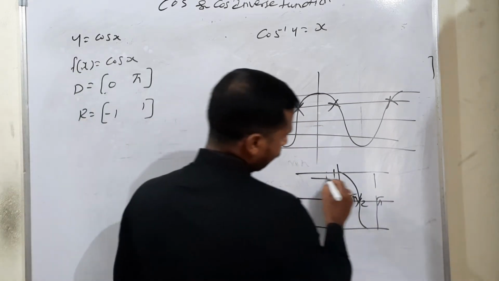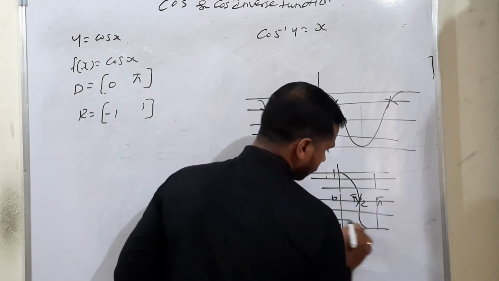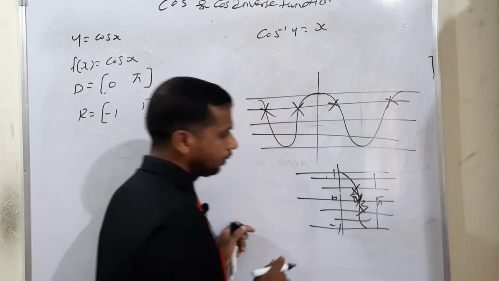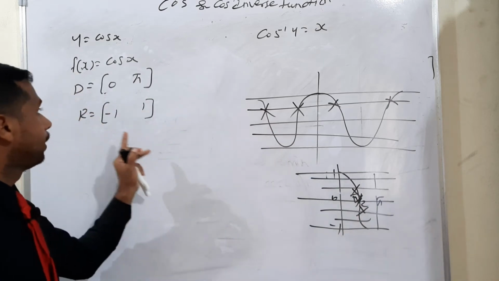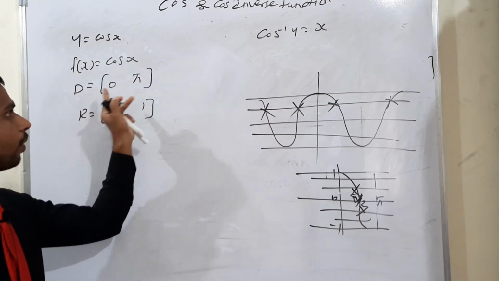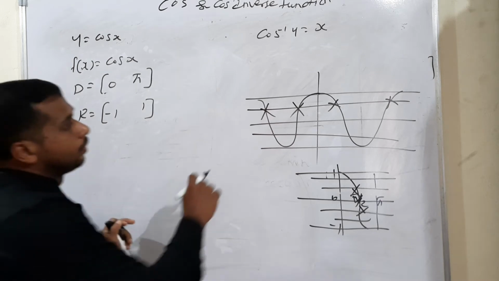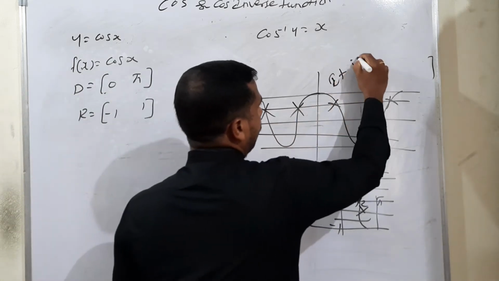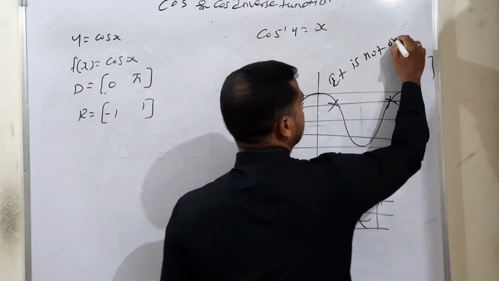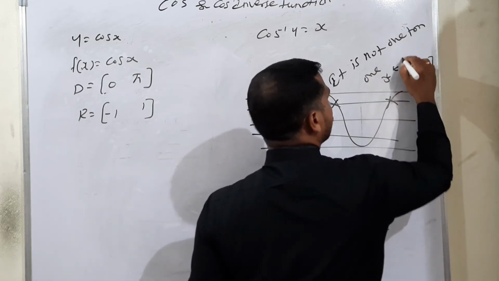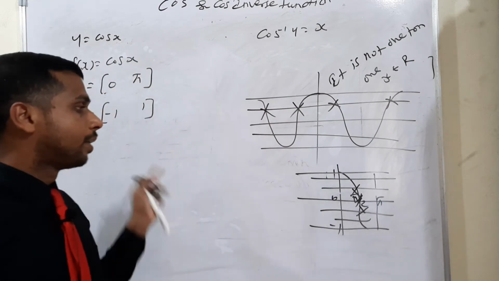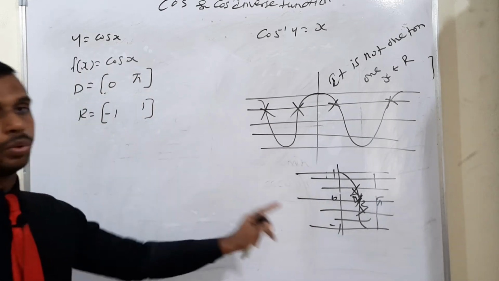Now if you draw any horizontal line, only one point will be meeting in the particular domain. So it is not a 1 to 1 function when x belongs to the reals, but with the restricted domain we can say it is 1 to 1.